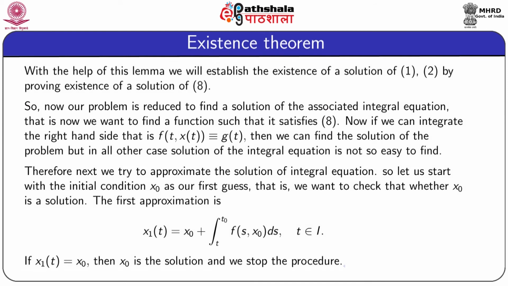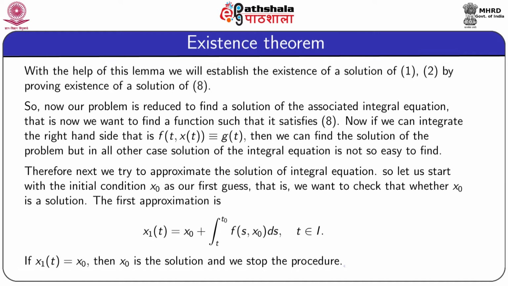With the help of this lemma, we will establish the existence of a solution of 1, 2 by proving the existence of a solution of 8. So, now our problem is reduced to finding a solution of the associated integral equation, that is, we want to find a function that satisfies 8.